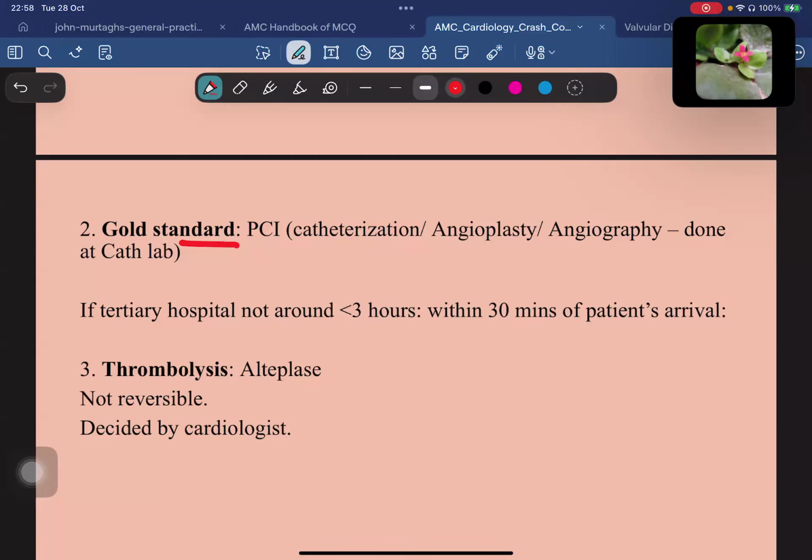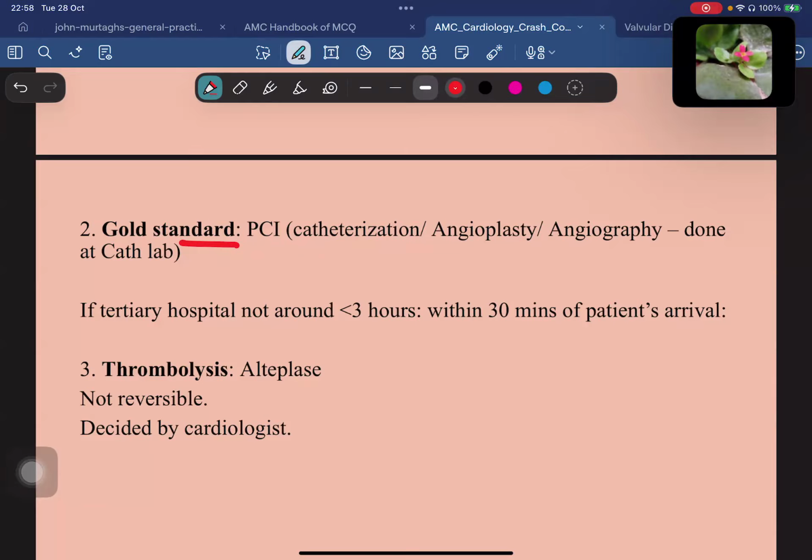So maybe they give you a situation where a patient has come, typical MI symptoms are there in the question stem, and then they're also slowly mentioning here and there that the closest tertiary hospital is far away, 5 or 6 hours away.